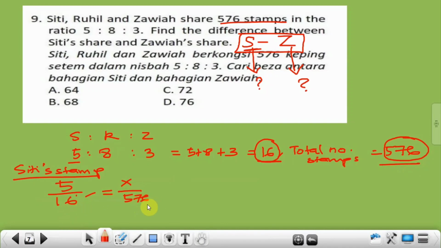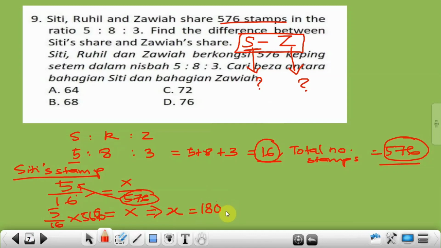Okay, so now what do you do? You just bring 576 to this, so it becomes 5 over 16 times 576. Sorry. Okay, so we will have Siti's stamps is equal to, let me calculate, 180.